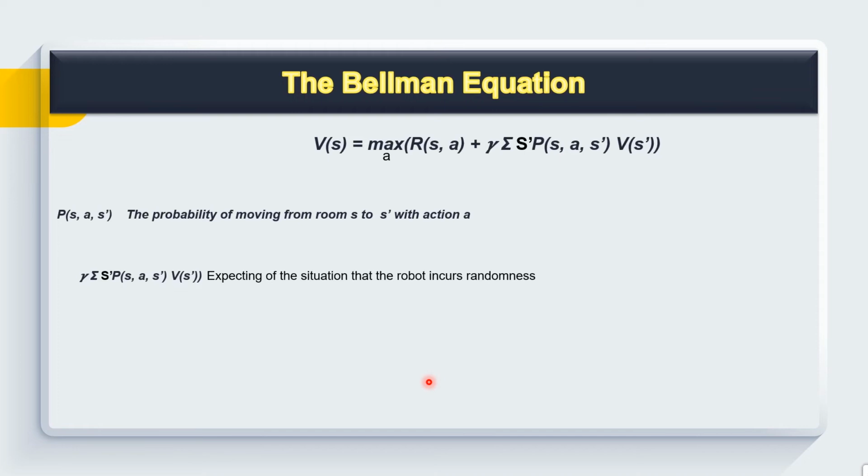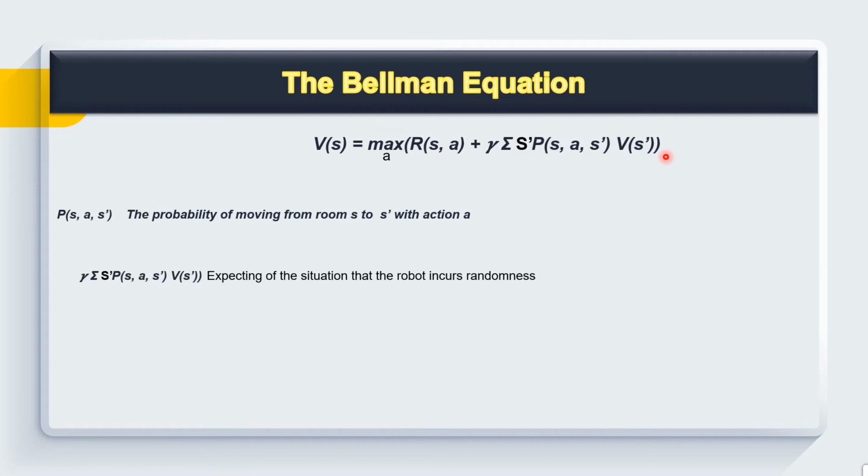Now if we do so, we get V(s) is equal to the maximum of R(s, a) plus gamma into summation over s' of P(s, a, s') into V(s').